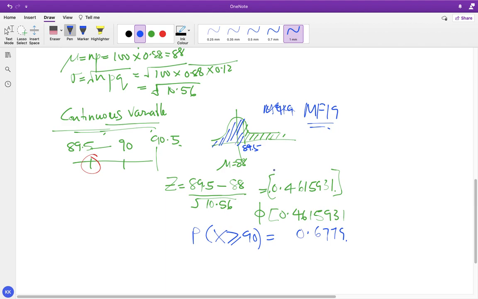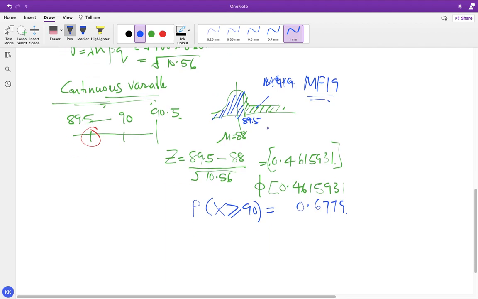I want the area more than 90, the green color over here. So I just subtract: 1 minus 0.6779, and the answer is 0.3221. Therefore the probability for X greater than or equal to 90 using the normal approximation is 0.3221.